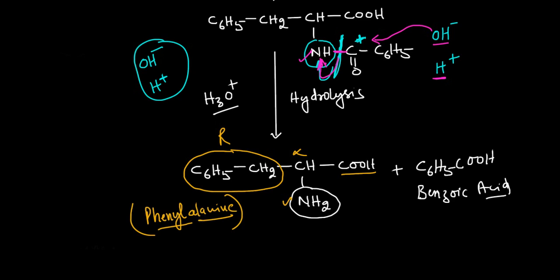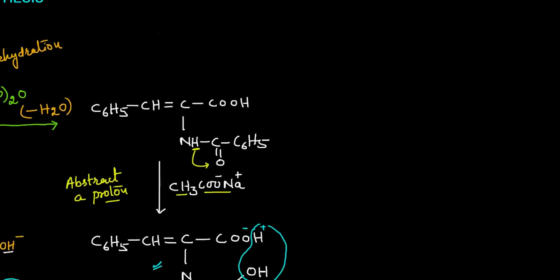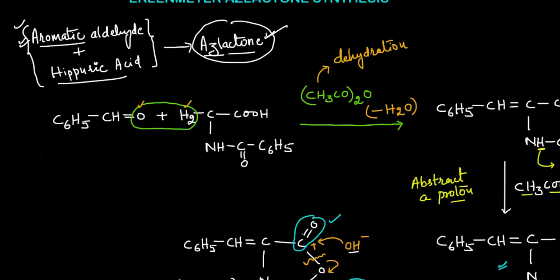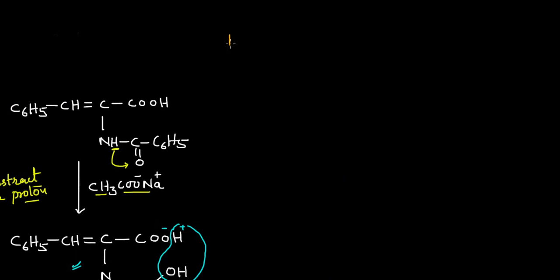Now let's summarize this whole process. उसको सारा summarize करते हैं कि कैसे क्या है. So first requirement is aromatic aldehyde, and that reacts with hippuric acid. So first step, we have to use this benzaldehyde, and that reacts with hippuric acid.